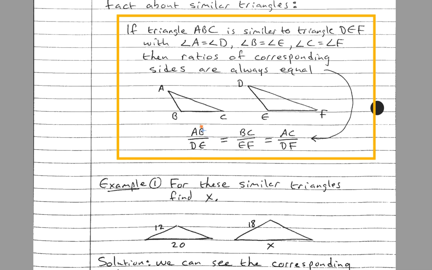And we're always putting the numbers from the first triangle on top, the numbers from the second triangle on the bottom. And to make a fraction, you have to use corresponding sides. And so here, AC, that side corresponds to DF. So we make the fraction AC over DF.